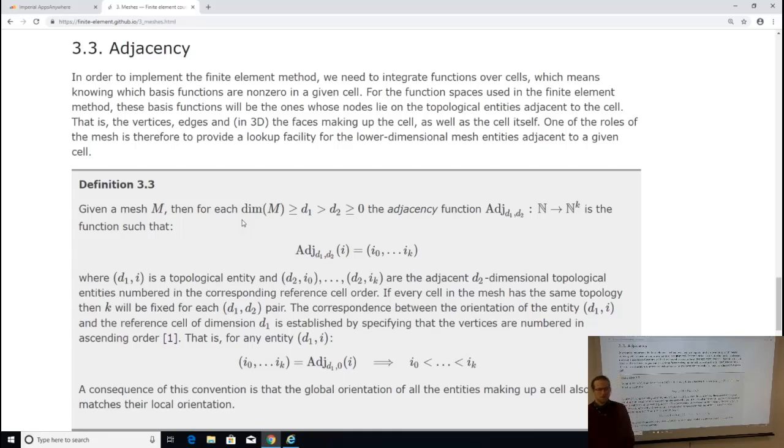So, for example, if we're doing cells, and we're in 2D, D1 will be 2. And if D2 is 0, then it's the set of vertices adjacent to the cell. And if you set I equal to 0 here, then this is the set of vertices adjacent to the 0 cell.